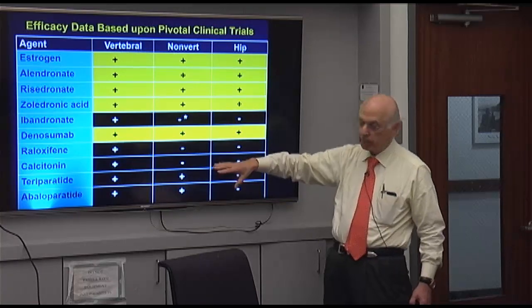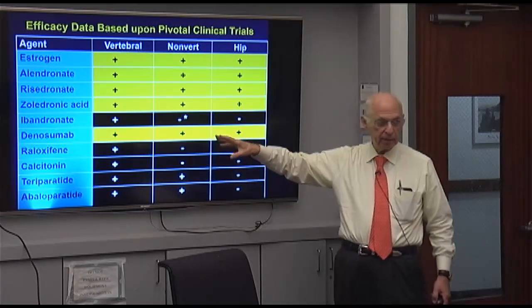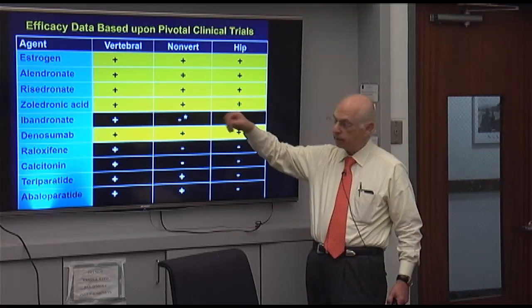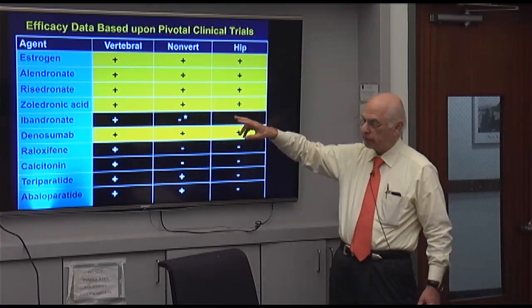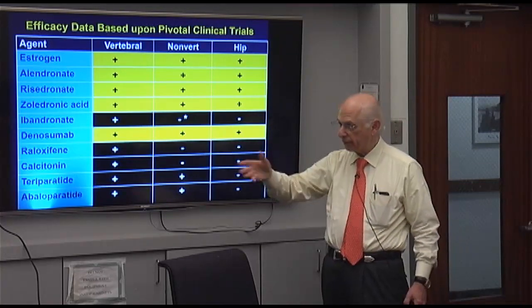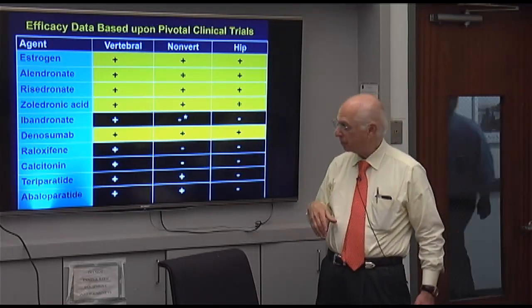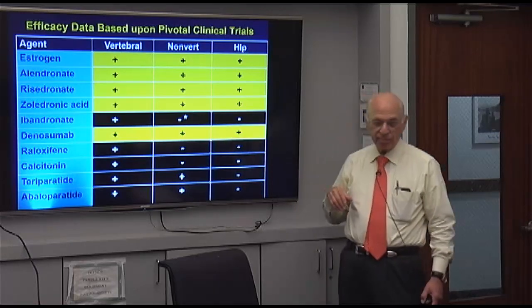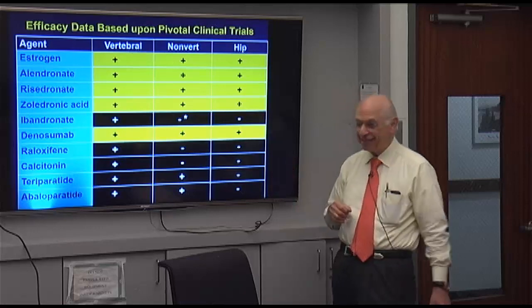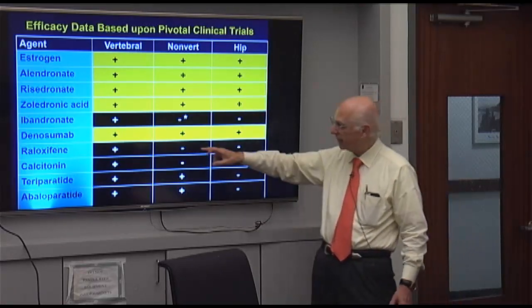By the way, are you all familiar with these generics? Do you want me to tell you what they are? Because we use them. Alendronate is Fosamax. Risedronate is Actonel. Zoledronic acid in this country is Reclast. In Italy, it's Aclasta. Ibandronate is Boniva. In Italy, it's Bonviva. I know the European pronunciations.